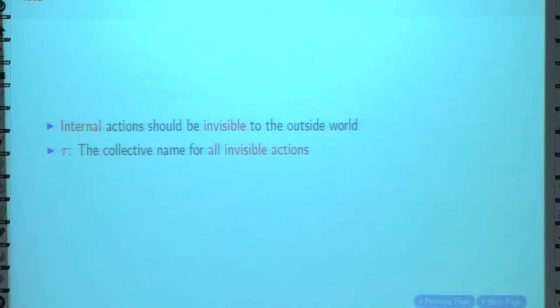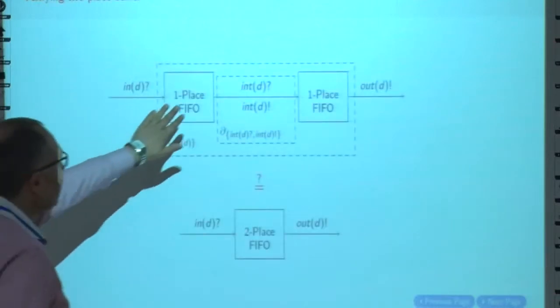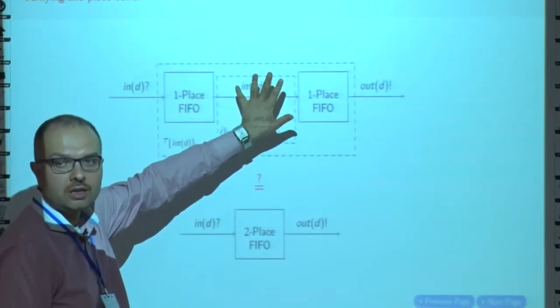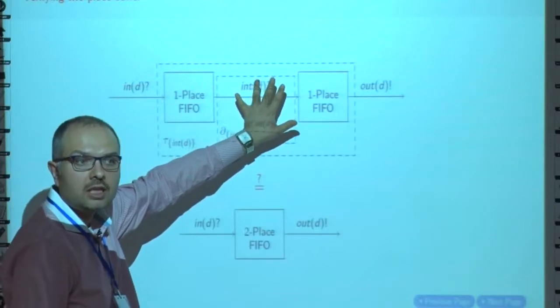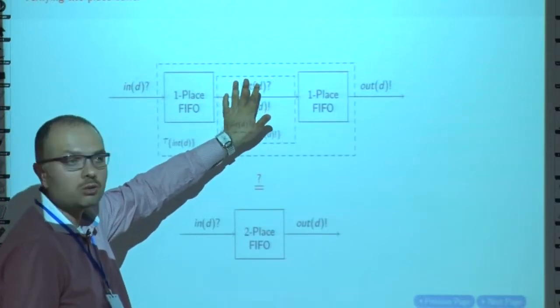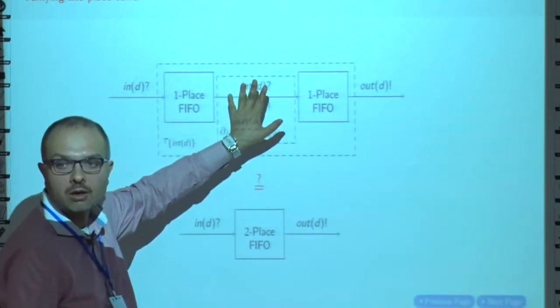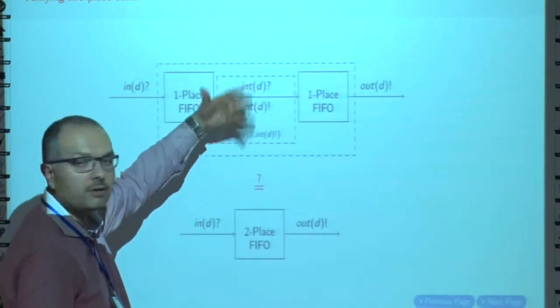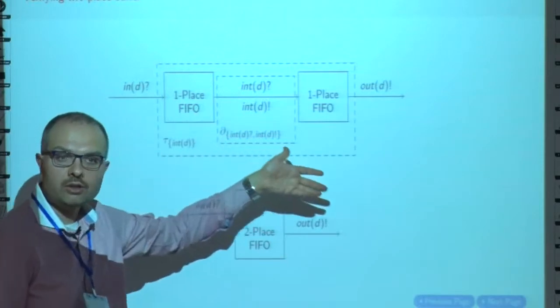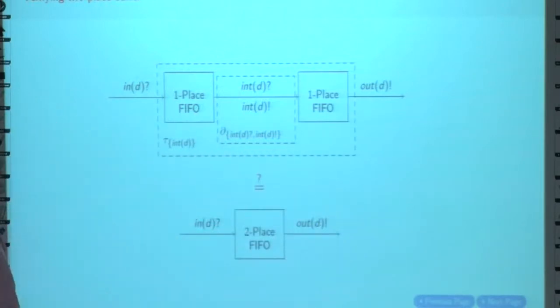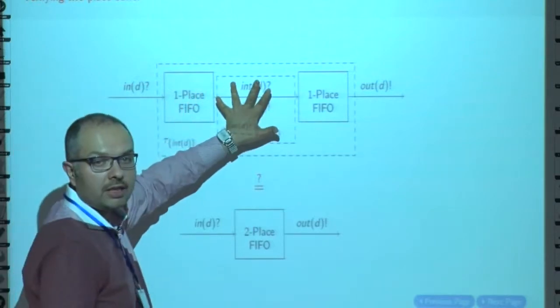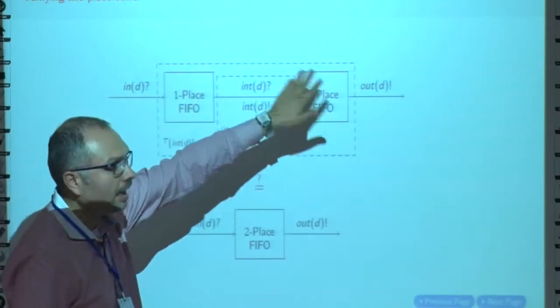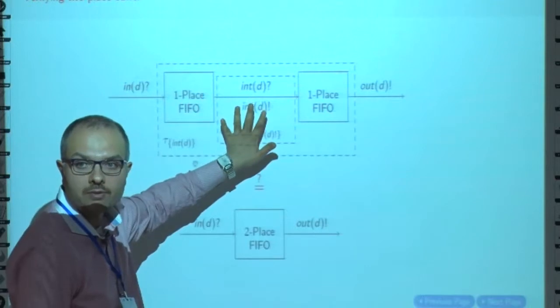Okay? So if we have such a system where some actions happen internally, there are details of the implementation, there is an operator in mCRL2 that allows you to rename all of them into tau. Okay? So you specify your implementation with lots of details. After you're done with it, you have inspected it, you're fine, you want to now analyze it, you rename everything that is internal, that is not at the outside border of your system, into tau.